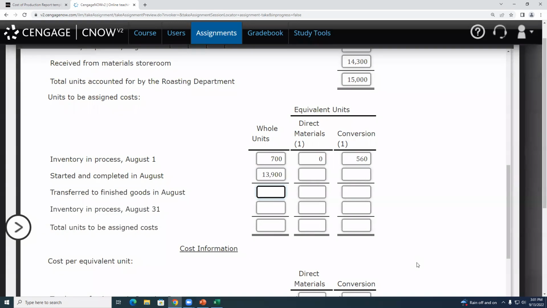So we know that this number transferred to finished goods had to be 14,600 because that was given. If 700 of those were in beginning inventory, then it must be that 13,900 were started and completed in August. If those were started and completed in August, then we did all the work in August. We added all the direct materials and all of the conversion costs.